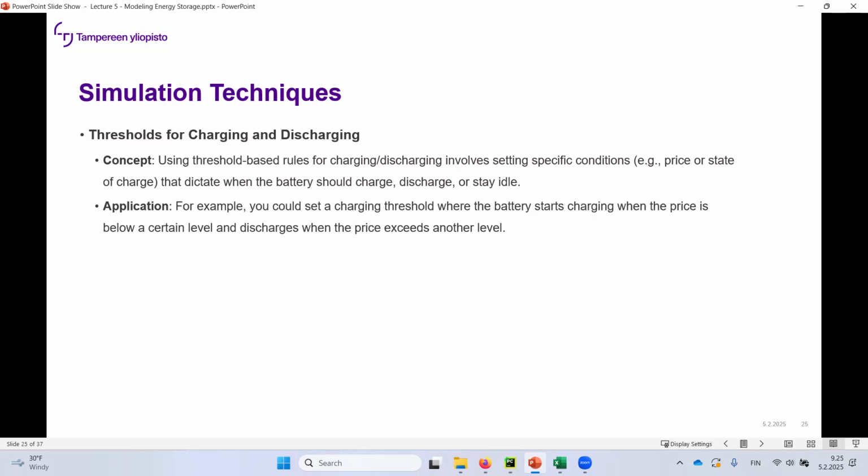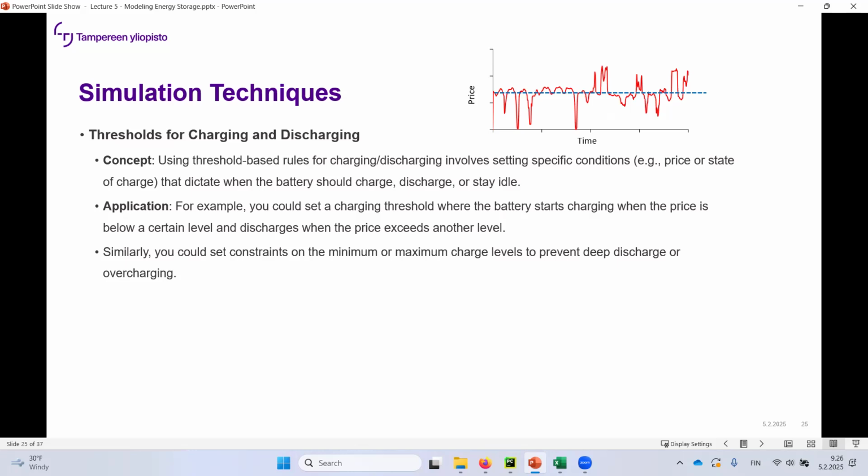For example, you can set a charging threshold where the battery starts charging when the price is below a certain level, or when the price goes above a certain level, then you start discharging and selling. So if there's your price, you set a limit. You can set two limits, but only one is sufficient. Above this, sell. Below this, buy.